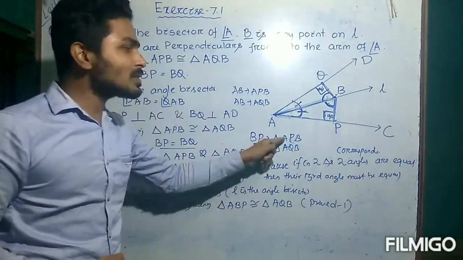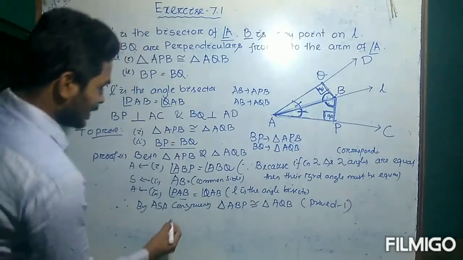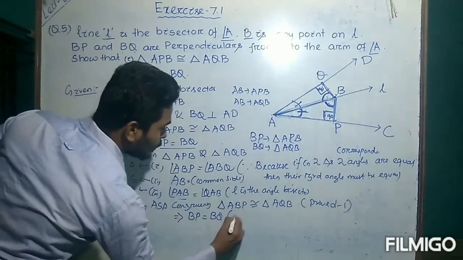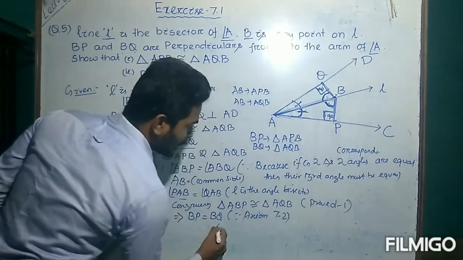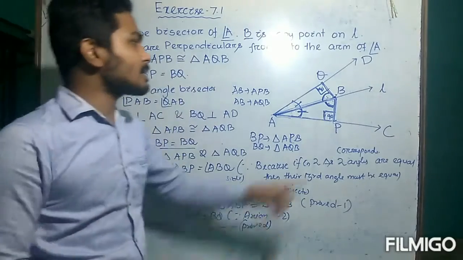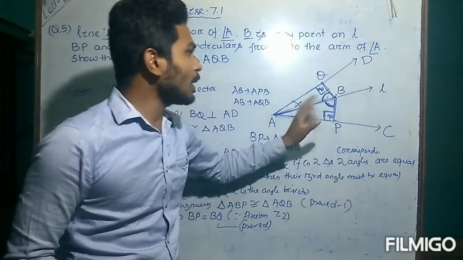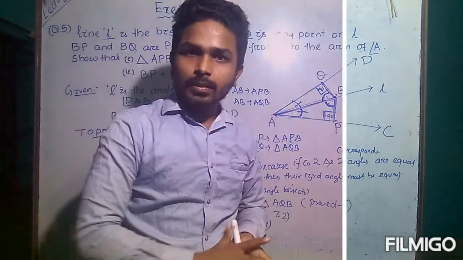Yes. But we know these two triangles are congruent, so their sides must be equal. So we can write BP is equal to BQ. Why? Because of axiom 7.2. Now it is proved that the perpendicular distances from B to the two arms AC and AD are equal. It means BP is equal to BQ. Okay, understood?